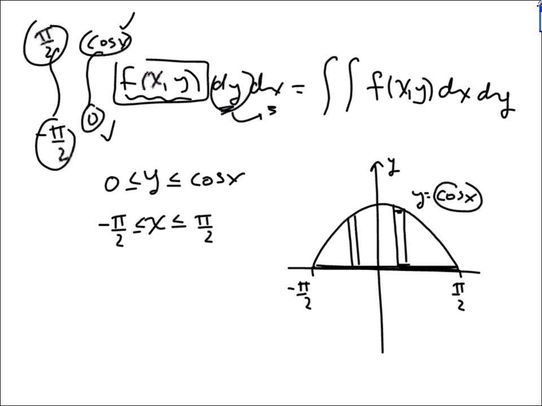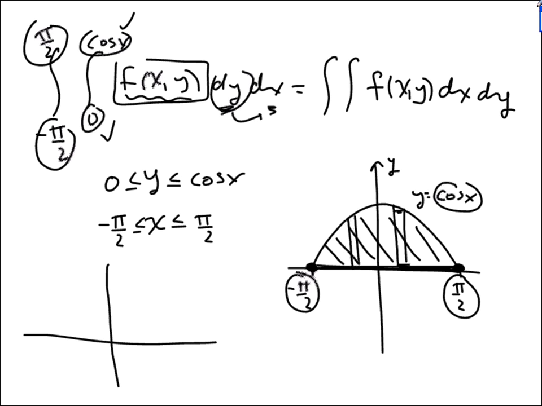And the x's in this area here, the point that has the least x value, namely right here, is negative pi over 2. And the point that has the largest x value is right here, and its value is pi over 2. So my picture there is correct. But since I drew on it so much, let me draw on it again. Remember, the highest value of cosine is 1.